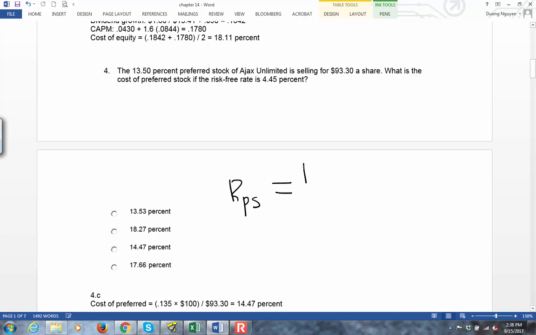It is equal to the preferred stock dividend over the price of the preferred stock, D over P. So right now the preferred dividend is 13.5%, so it would be 0.135 times the par value of the preferred stock, which is $100, over the price of the preferred stock right now, which is 91.3, and the answer is 14.7.